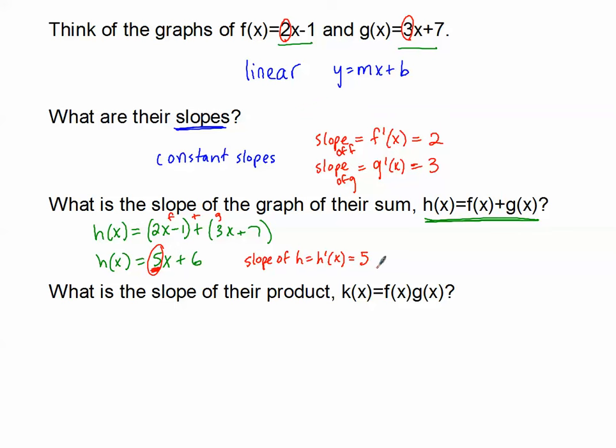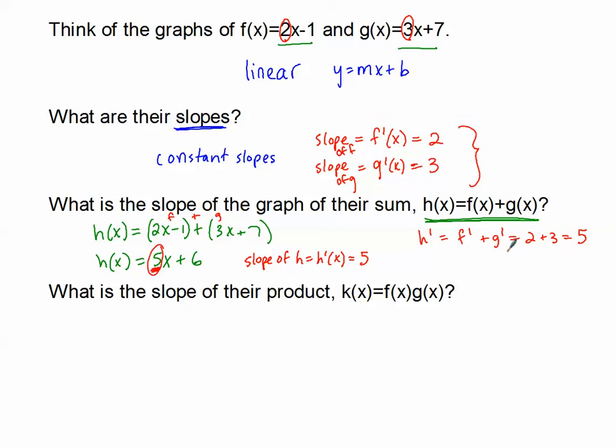If I were to start with the derivatives and say f prime plus g prime, I still get 5. That makes sense because when we take the derivative of a sum, we can just take the derivative term by term and then add our result.